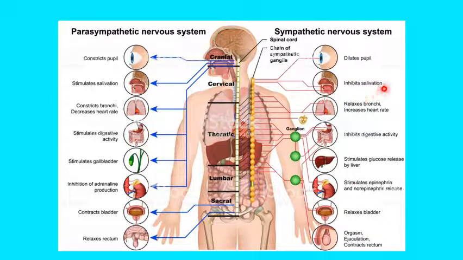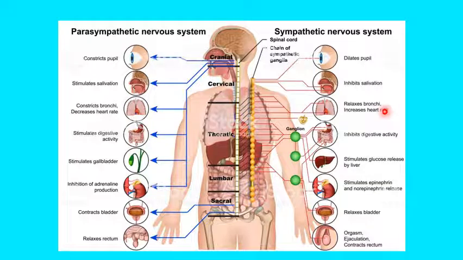It also inhibits salivation. So if you notice, if you're nervous or very anxious, your throat becomes dry. But if the situation becomes normal again, the parasympathetic division stimulates salivation again.